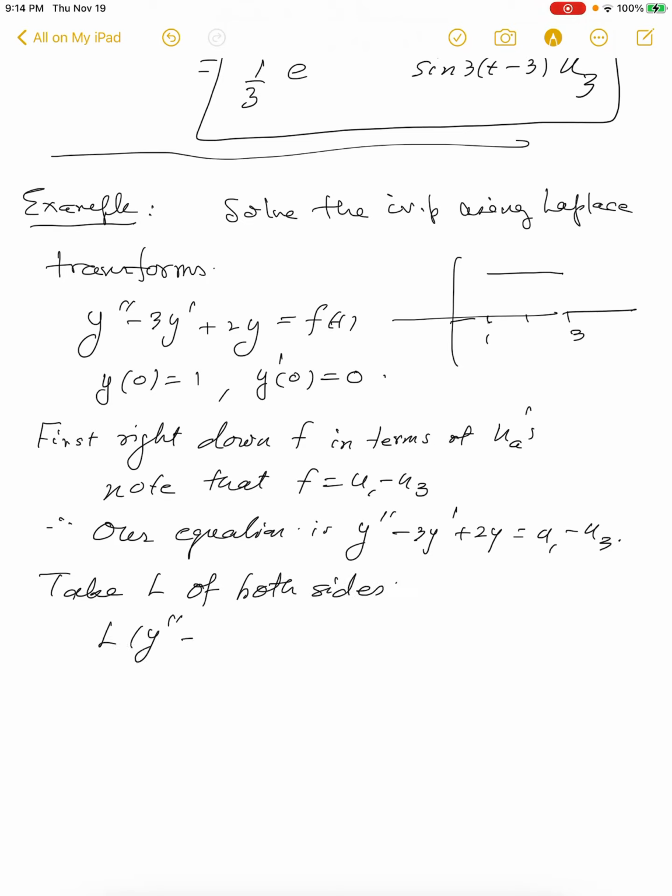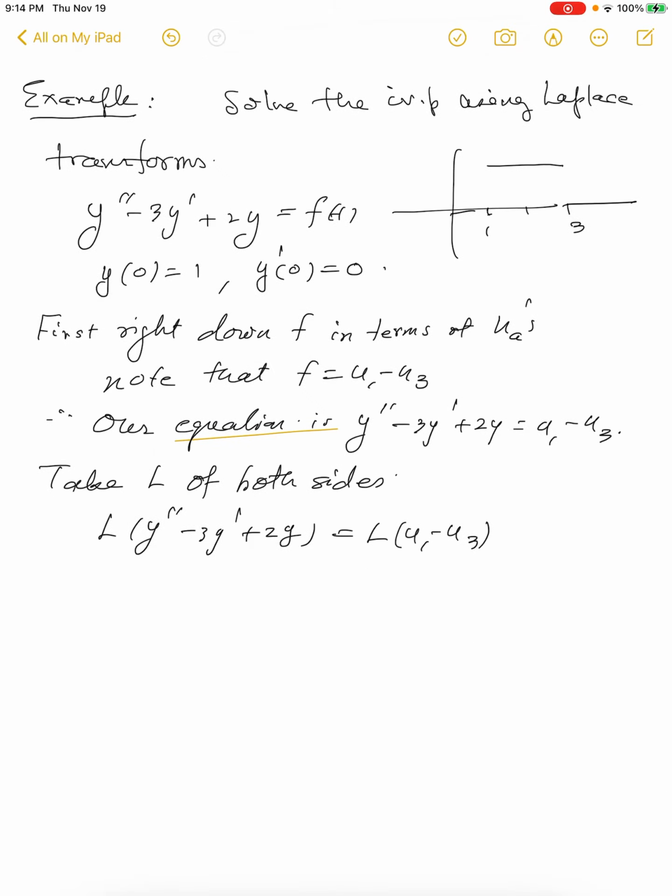So I get L of y double prime minus 3y prime plus 2y, that must be L of u1 minus u3. So now write down what the left hand side is.